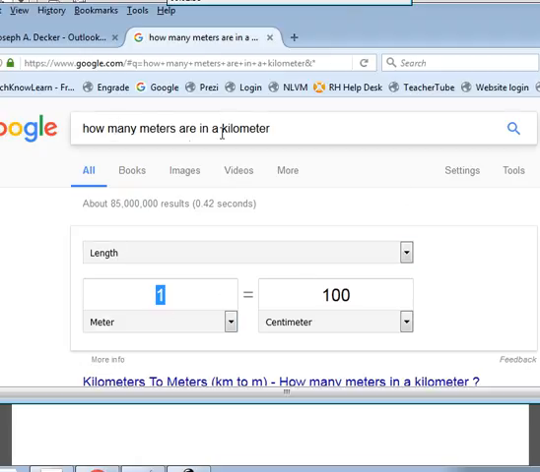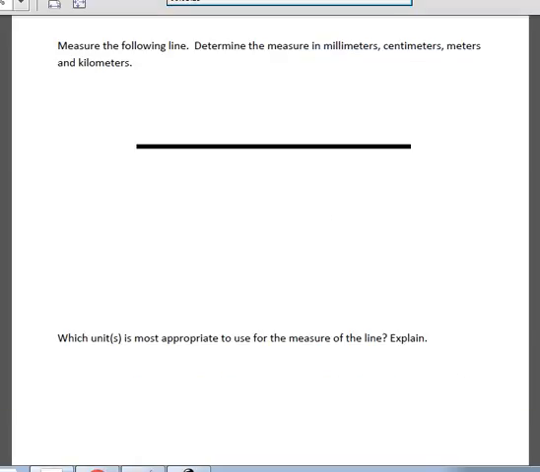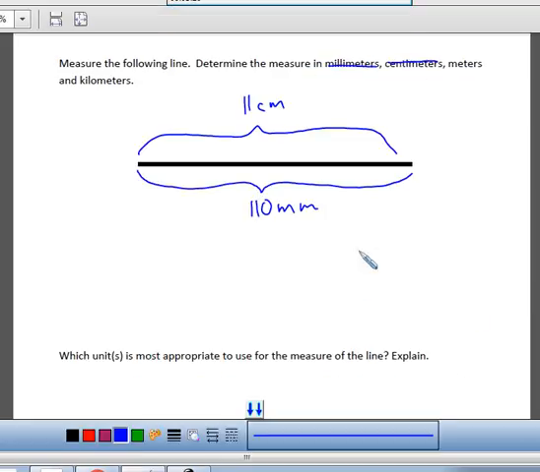How many meters are in a kilometer? And I got this neat tool here where I can change the different values. So I'm going to change this to an 11 in centimeters. And when I look over here, it tells me it's 0.11 meters. So let's come back over here, write that down. It's 11 hundredths of a meter.